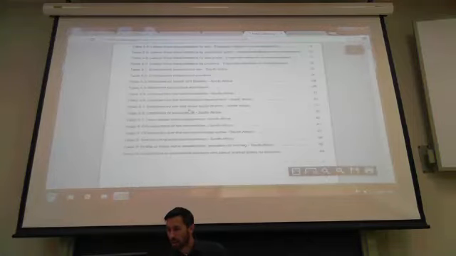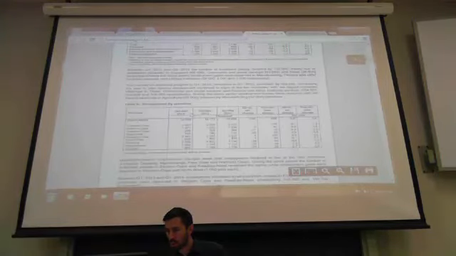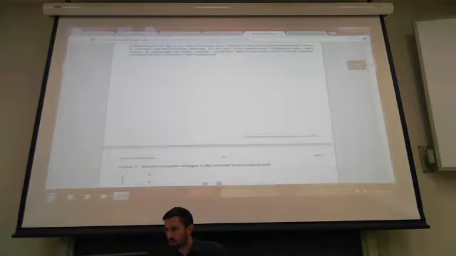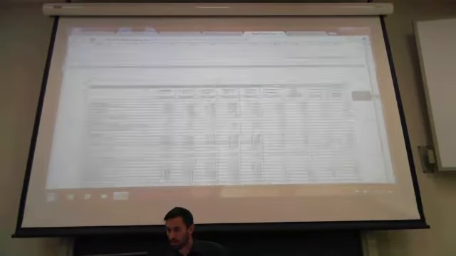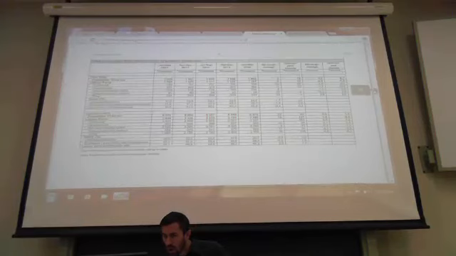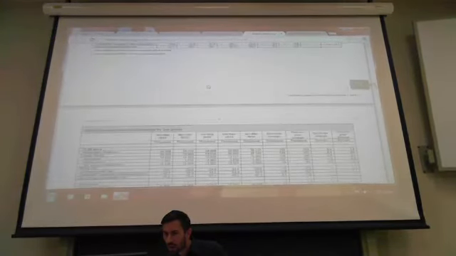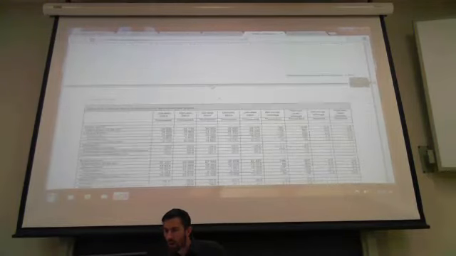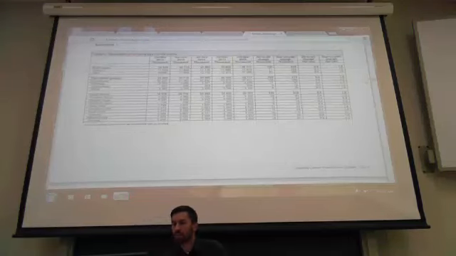So this is the latest unemployment figures. Let's see what it says. Okay, here we go. So the latest unemployment figures are January to March 2014, right?